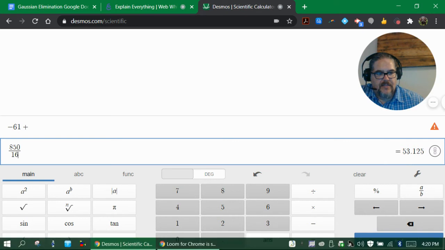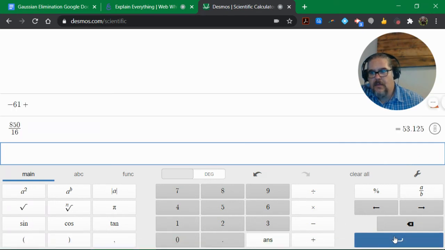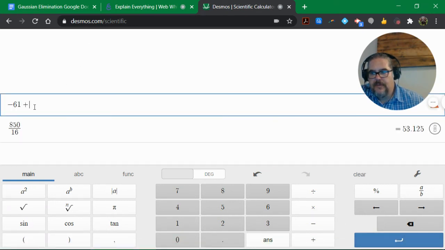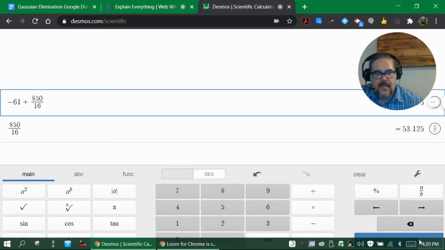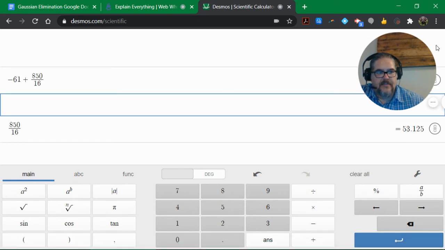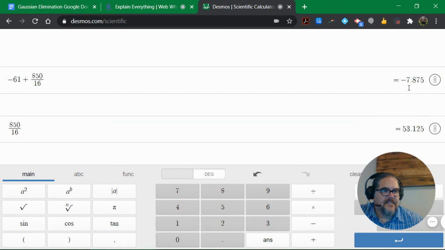Let's go ahead and hit enter. Oops, I messed that up. Let's see if we do it that way. Yeah, that's how I do it. 16. And let's hit enter and see what that tells us. And it tells us that that's negative 7.875.